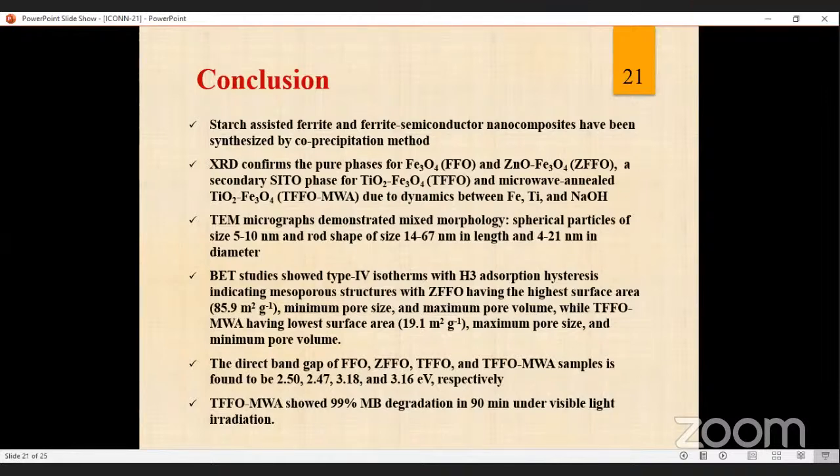Improving the efficiency, and also to address how these are actually contributing to the degradation of dye, because there is involvement of starch and the effect of sodium ions, which are contributing to the catalytic side. We can see that TFFO microwave annealed does not have much surface area, but still it is able to degrade the dye.